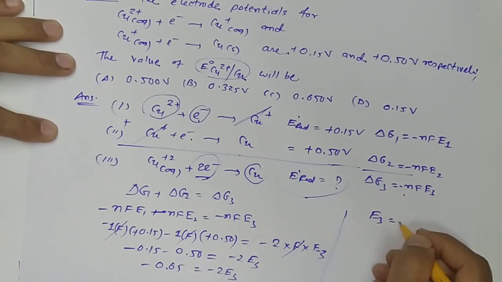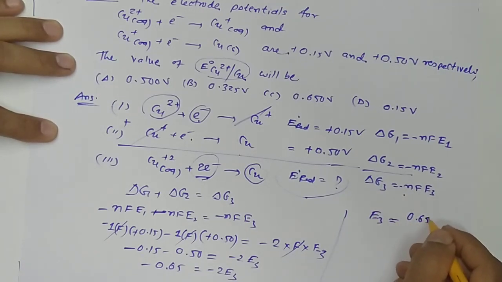So cancel the minus on both sides. 0.65 divided by 2: 0.60 half is 0.30, 0.05 half is 0.025. So 0.325 volt.